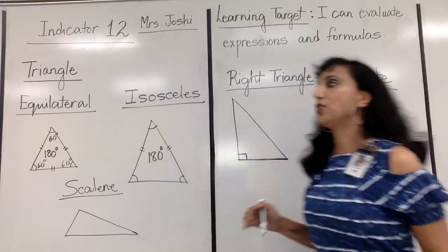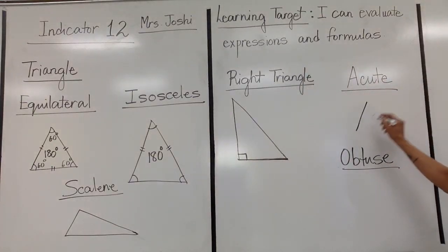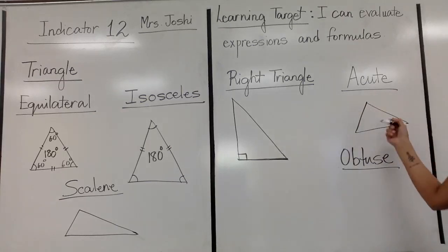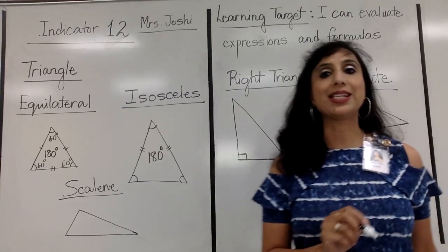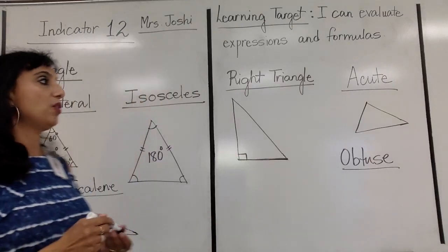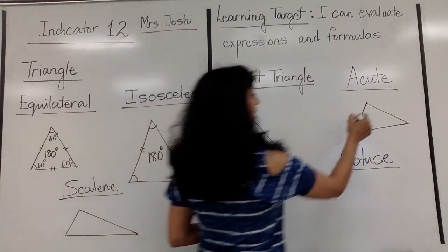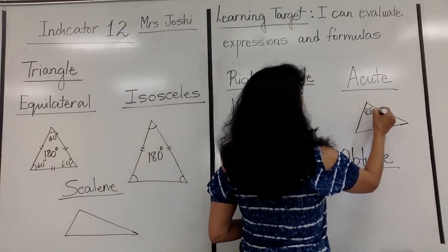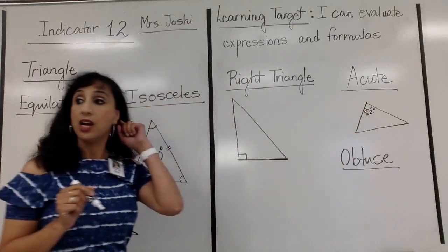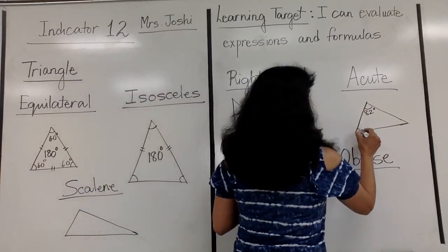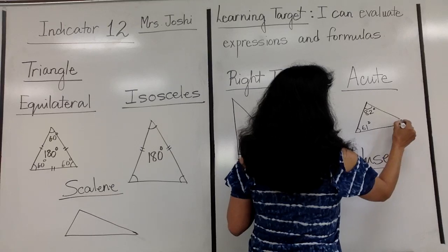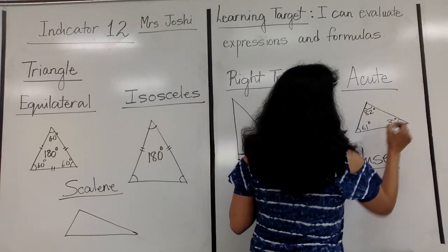And so therefore in acute triangles, each of these angles is going to be less than 90 degrees. Okay, so this could be something like 82 degrees, for example. You could have 61 degrees, 37 degrees.